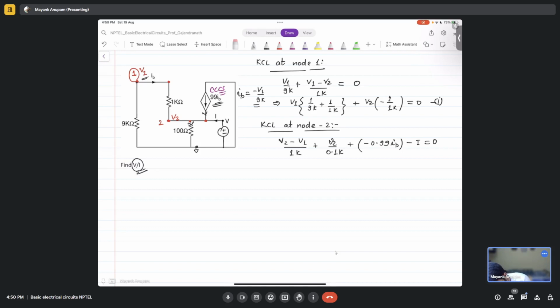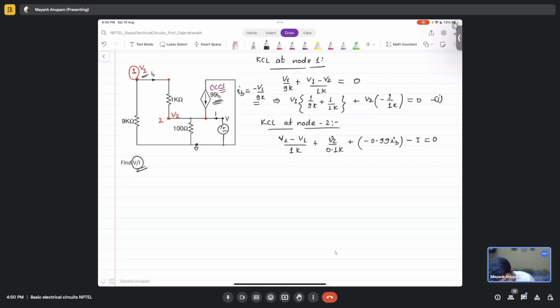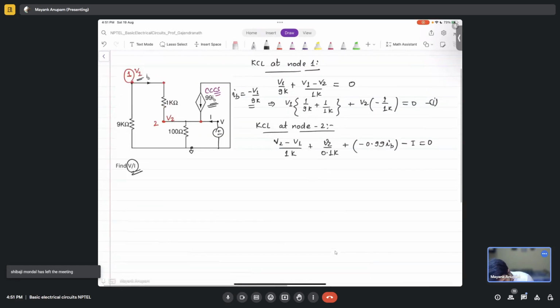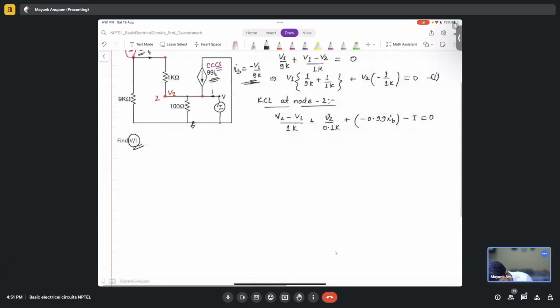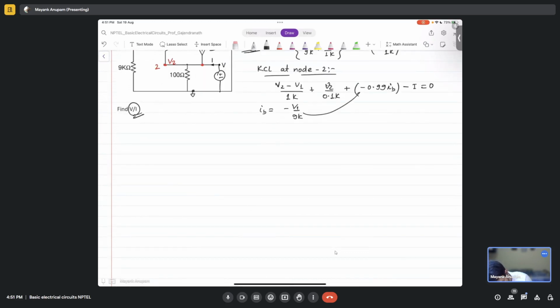Okay. Now tell me, what should I do now? Replace IB with this relationship, right? So IB is equal to minus V1 by 9k. So I simply replace it here.